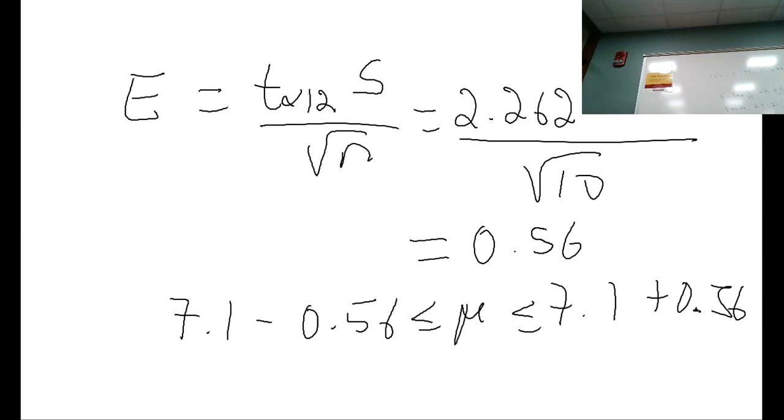The sample mean will be 7041.4. You can use either your calculator or Excel. And the standard deviation is 1610.3. E will be T alpha over 2, 3.707, times S, 1610.3, divided by square root of 7.